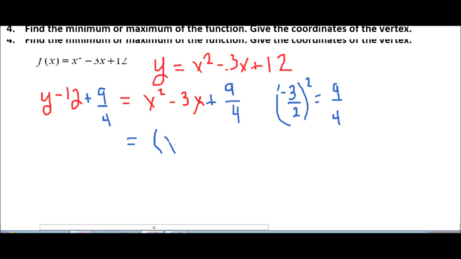So we know that this side factors, and remembering what number goes in the parentheses, it's always the half of that middle number, so negative 3 halves.